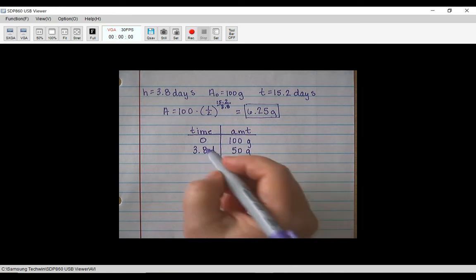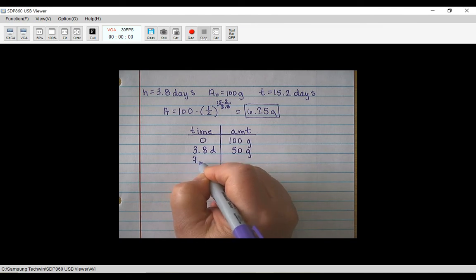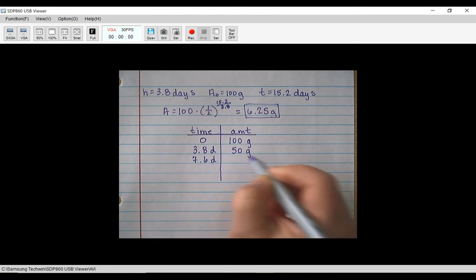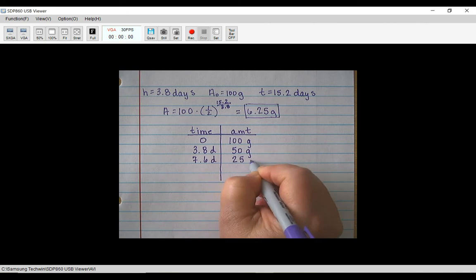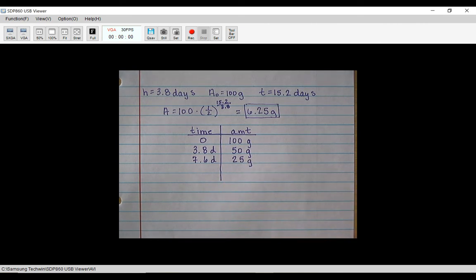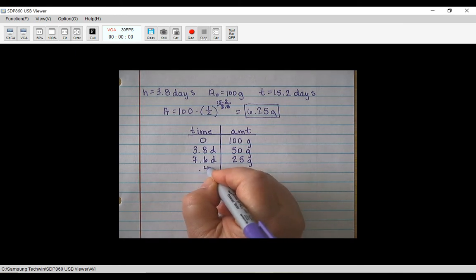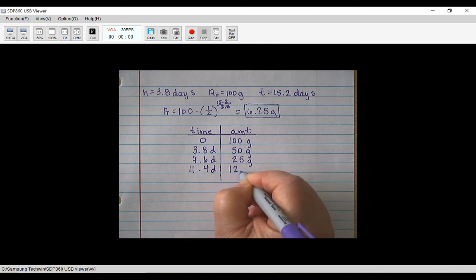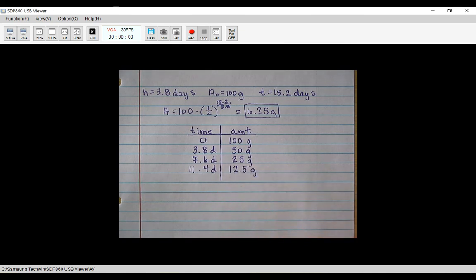If you add another 3.8 days, which would be a total of 7.6 days, you're going to half the substance again. Add another 3.8 days, and you'll half the substance again. Half of 25 is 12.5.